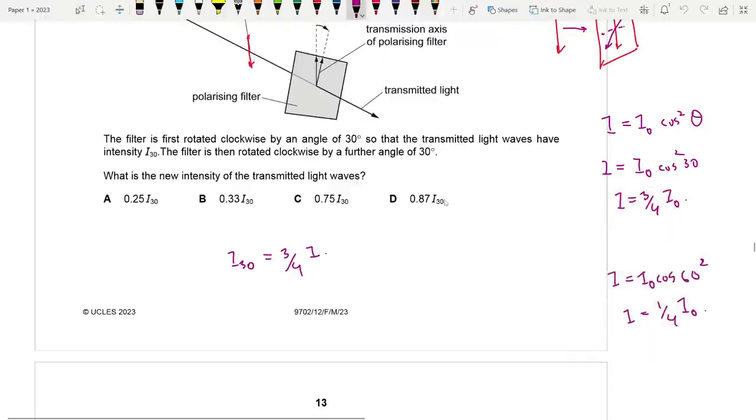This is the second one and this is the third one, and I naught was the first one, the initial one, without any polarization, without passing through the filter. So we have to find this out in terms of I30, right? So how do we do this actually?